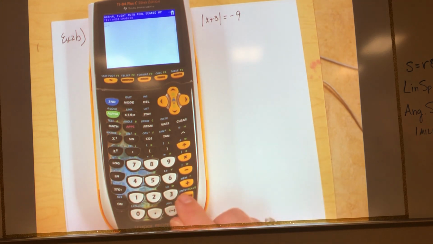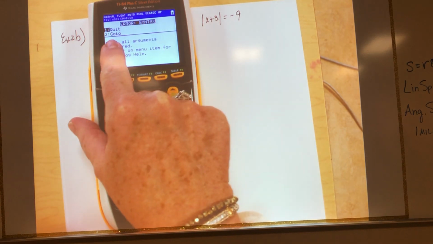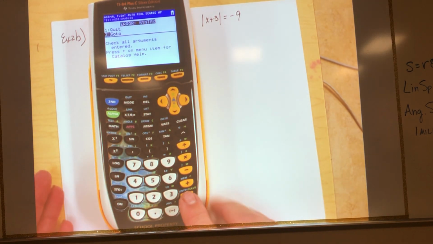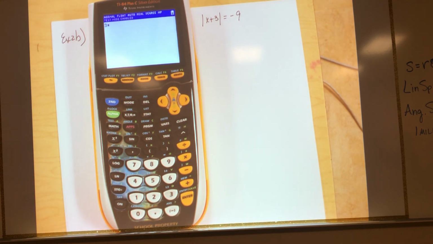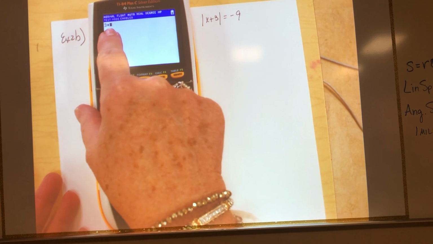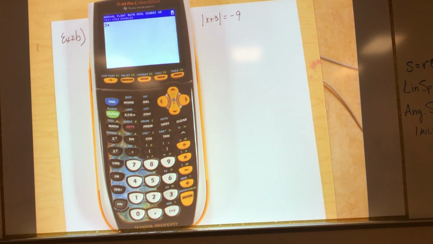That's a good idea. Okay, so now he says, oh, you have a syntax error. Do y'all see that second thing where it says go to? Arrow down to it, and then press enter, and the calculator will take you to the error. He's saying, oh, lady, who do you want to multiply 3 by? He doesn't know what to do. The syntax error means you've given him something that he doesn't understand.